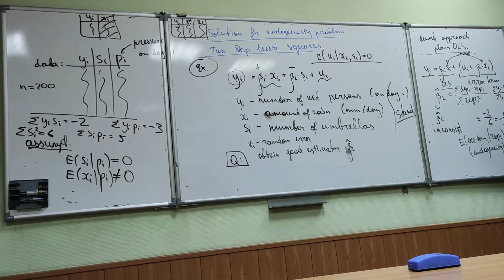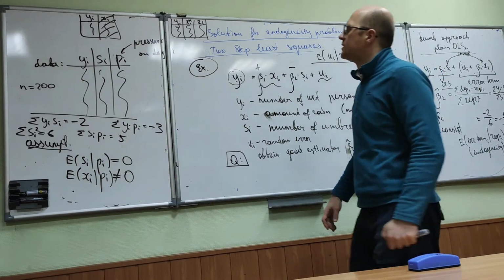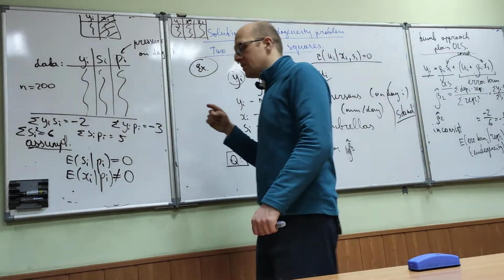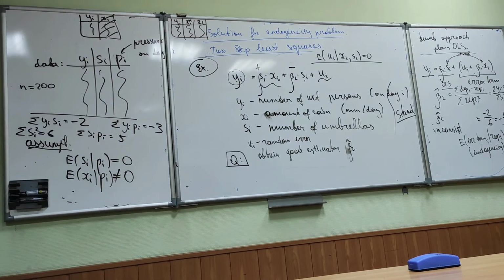So could you imagine a random variable that is correlated with the number of umbrellas but not correlated with weather? That's hard to imagine.